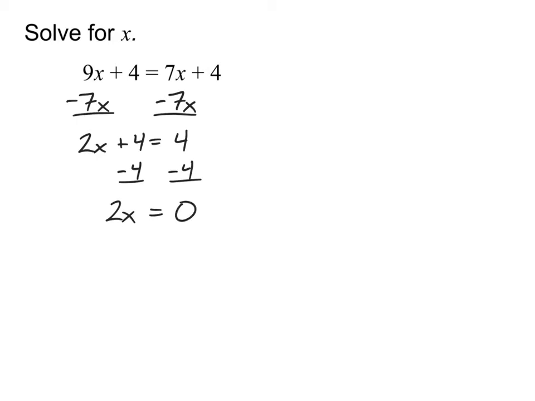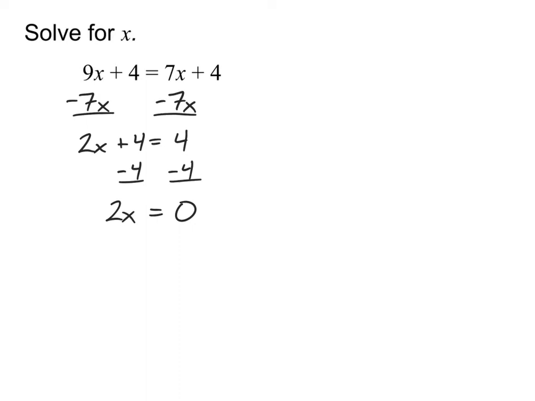Now, what happens with this problem is I sometimes see people say, wait, 4 minus 4, it canceled out. There's nothing left. Well, you're right. There's nothing left. It's 0. But we actually do use the number 0. 0 is a number, and we can go ahead and continue working with it. And in fact, some people look at this and say, wait, what do I do from there? But I'm still trying to get the x by itself, right?